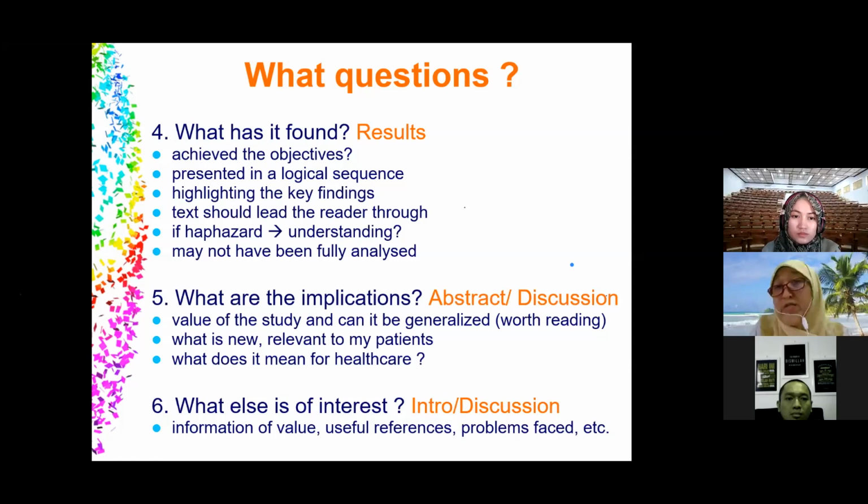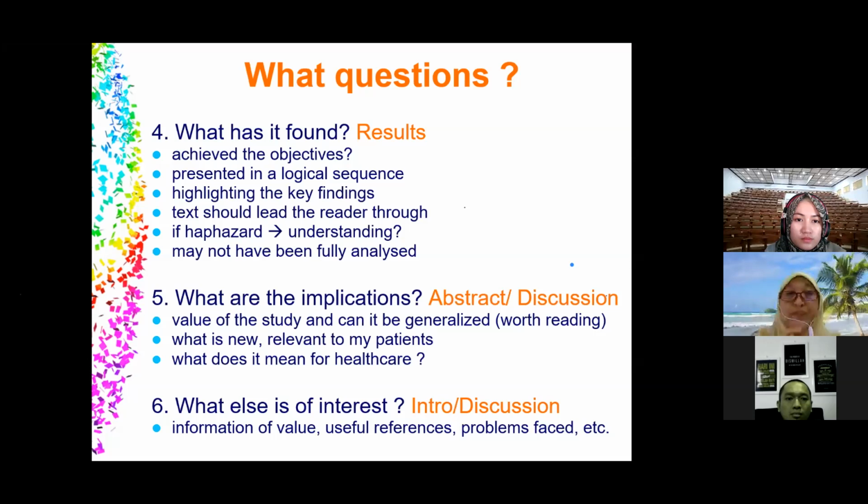If there is a new drug, and this study is looking at the effect of the new drug on an older population, but your interest is in the younger population, you have to read it with caution because this is effective among older people, but my patient is younger. That is why in the result section, the paper should explain the demographic factors. A result without demographic factors, you have to read with caution.